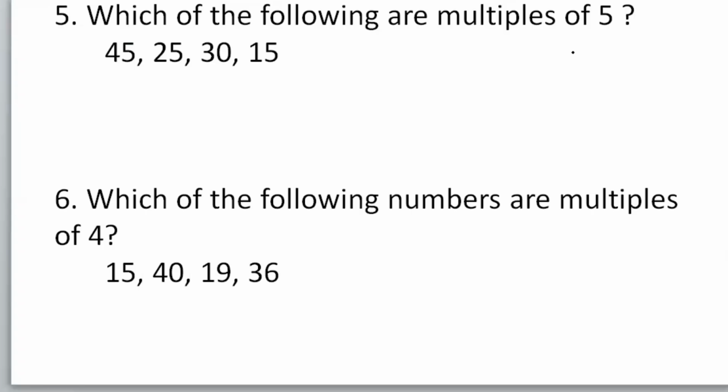It is 45. So we have to read the 5 times table to see whether 45 comes in the 5 times table or not. As we know, 5 times 9 is 45. It means 45 is a multiple of 5.